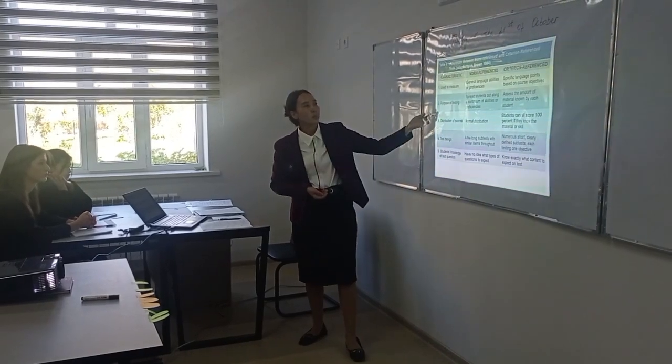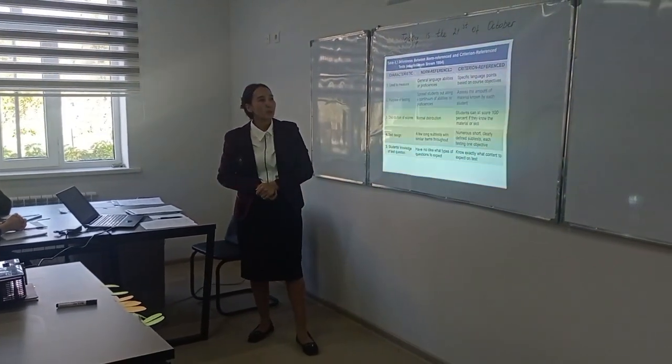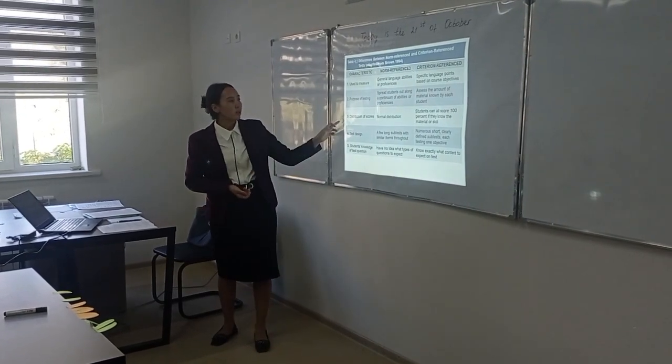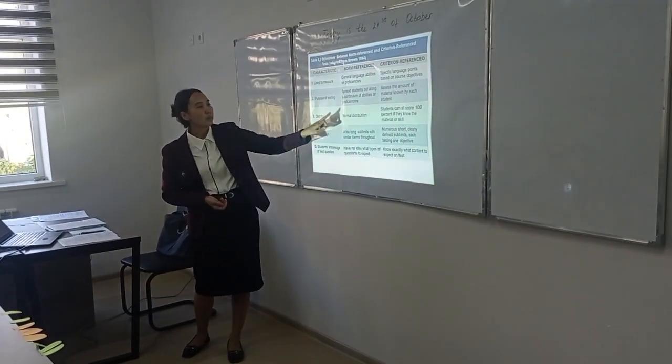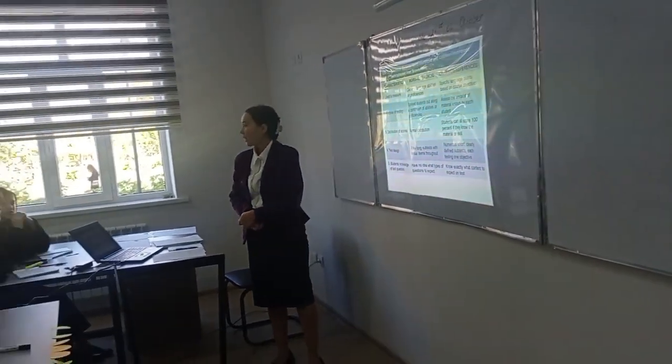And the purpose of criterion referenced assessment is to assess the amount of material known by each student. According to the distribution of scores, in norm-referenced it will be normal, and in criterion referenced, students all score 100% if they know the material or skill, according to the predetermined standard. Okay?